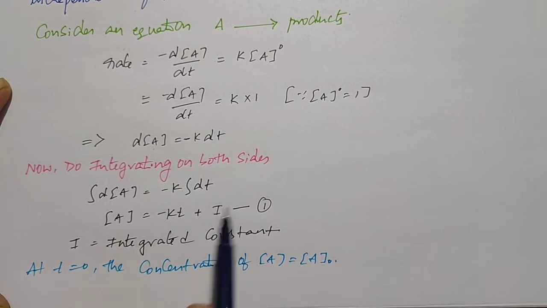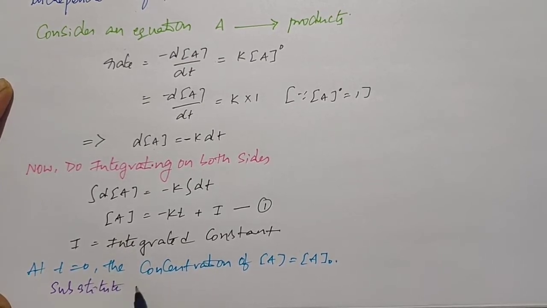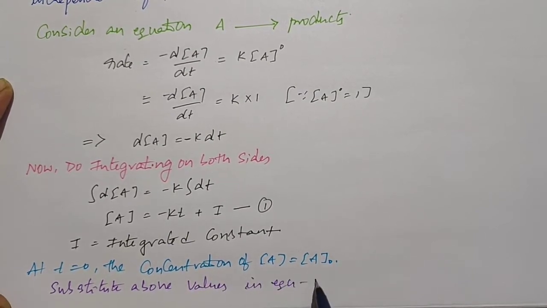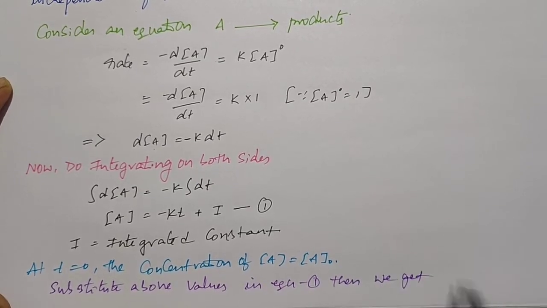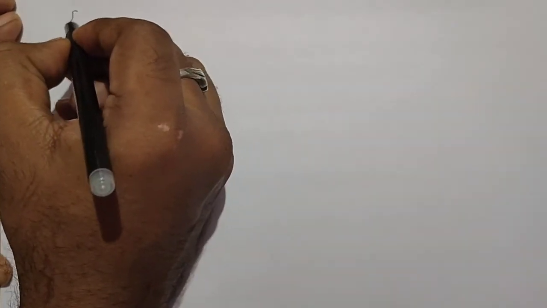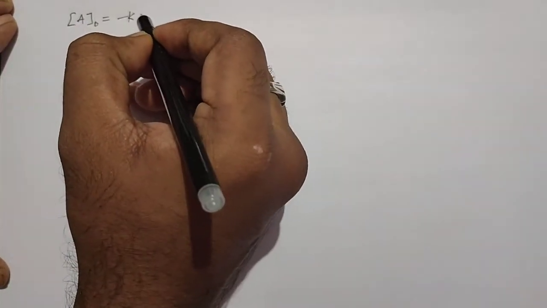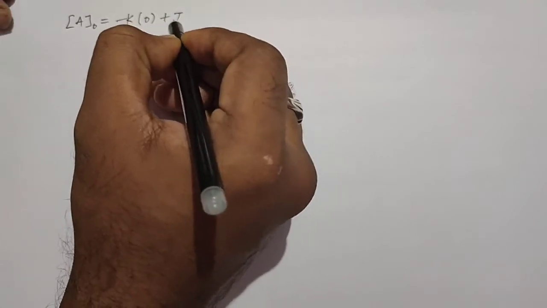Now substitute these values in equation 1. After substitution, we get A0 is equal to minus K into 0 plus I. Why?